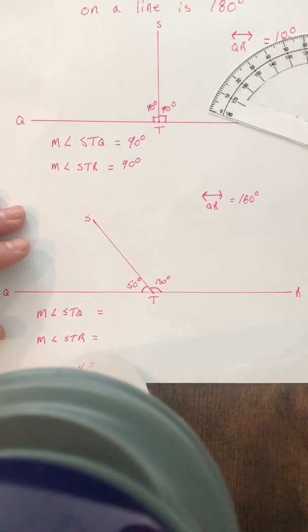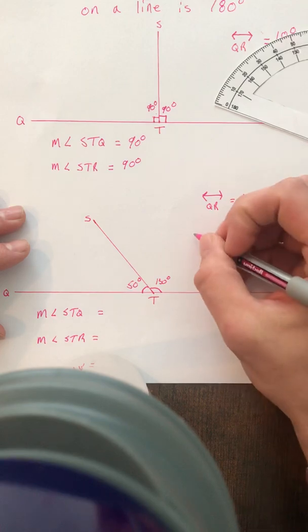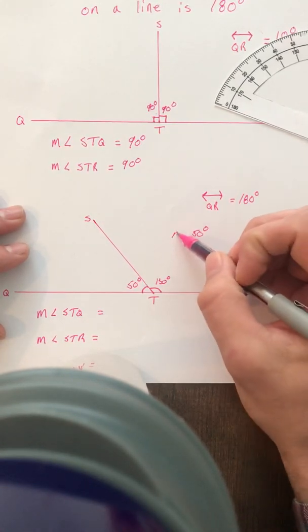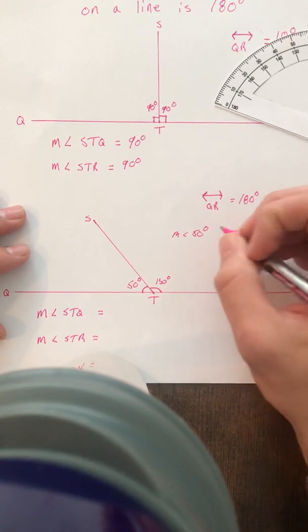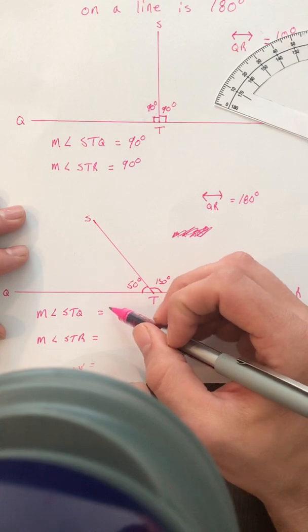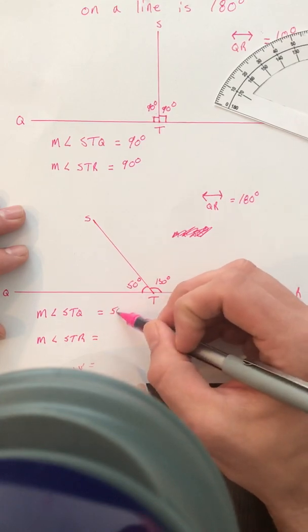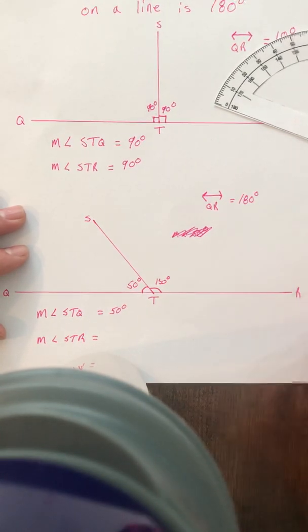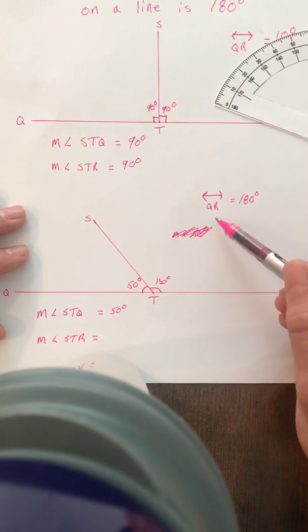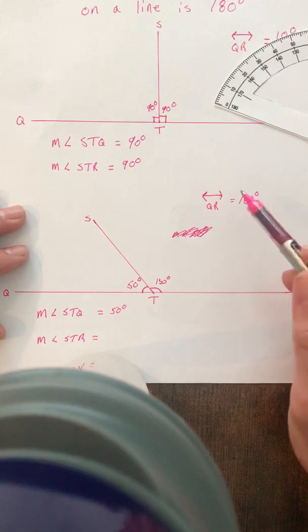If I'm doing it mathematically, I know that the measure of my angle STQ right here is 50 degrees. I know that the sum of whatever this angle is plus this angle is going to equal 180 degrees.